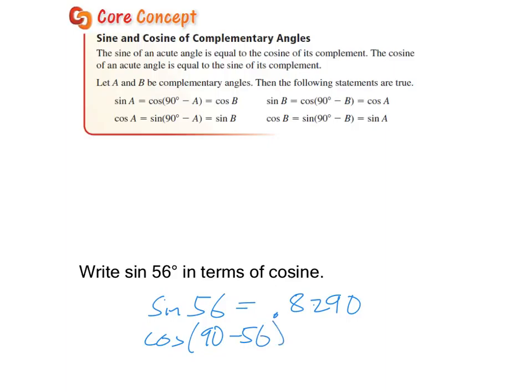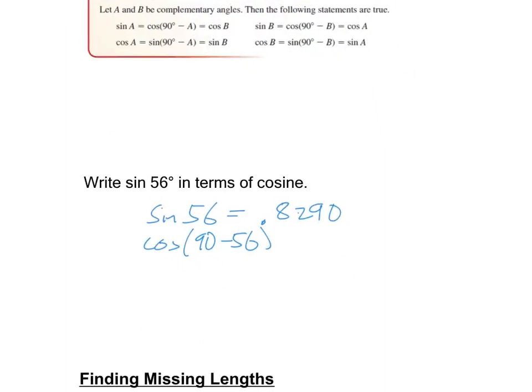Well, 90 minus 56 is, let's see if I can do some arithmetic, 34. Cosine of 34. And punch that into your calculator, and we get the same thing, 0.8290. All right, so kind of a useful fact. We'll tuck that in our hat.